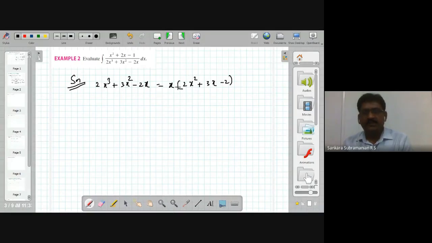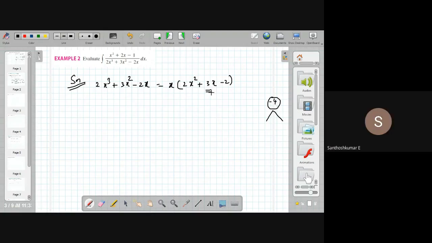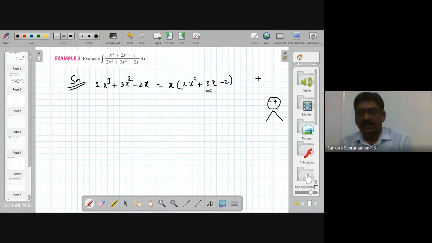Now I have to do something for this to get factorized. Multiplying 2 by minus 2 gives minus 4. So I should get two numbers whose product is minus 4, and if I add the two numbers, I should get plus 3.